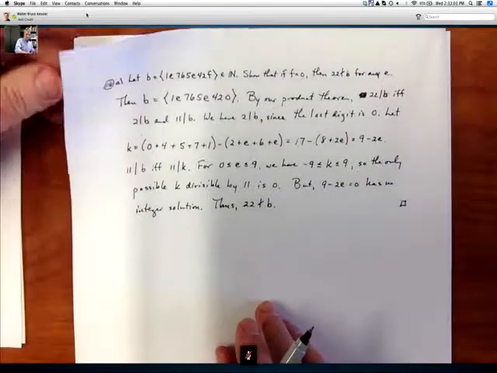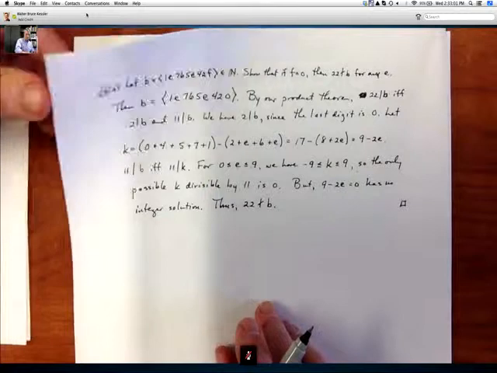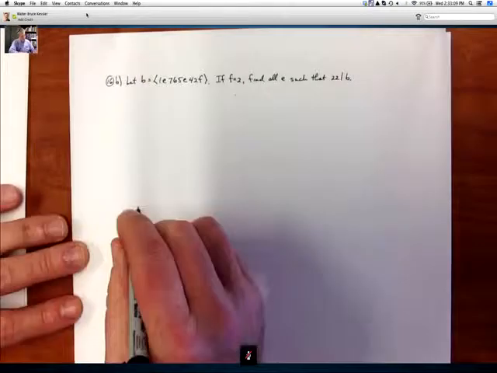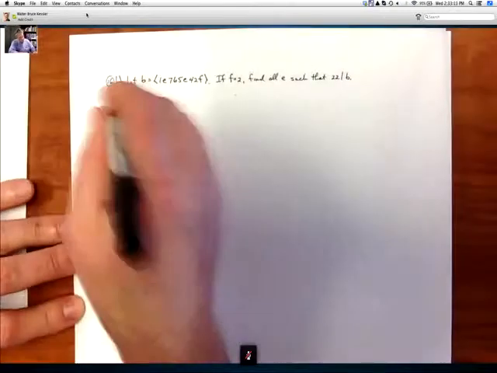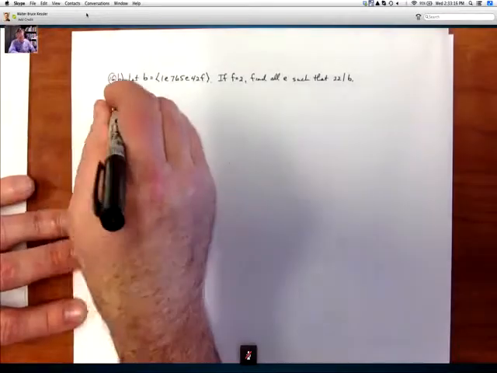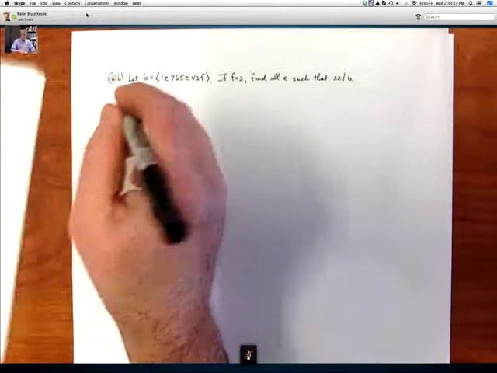Okay. All right, one more problem, and we will cash this one in. If F is equal to 2, then find all E that make that work. And they seem to imply that this time we'll be able to find some. Okay.